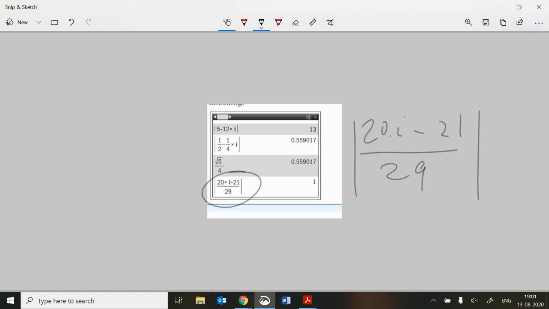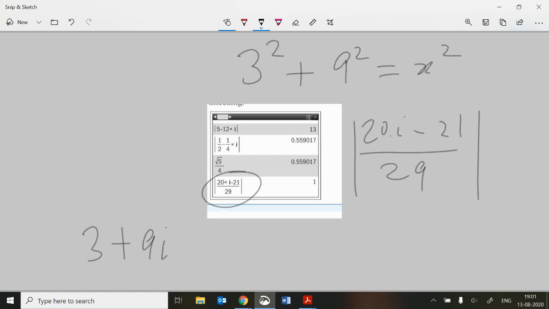So you don't need to use Pythagoras if you're typing these into your calculator. If you were trying to solve Pythagoras, say, the distance between two points, and we've got 3 squared plus 9 squared is equal to x squared, we could set up a complex number, 3 plus 9i.